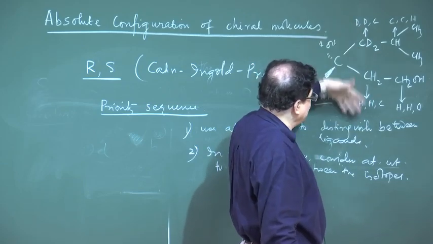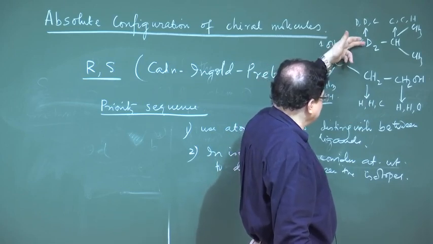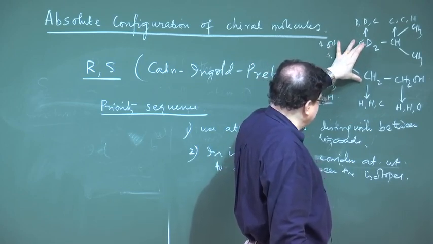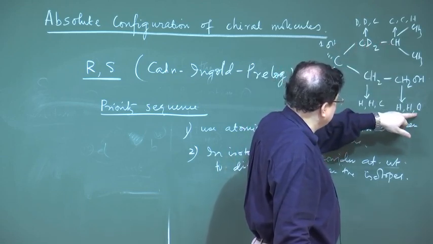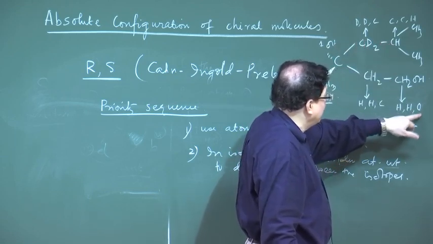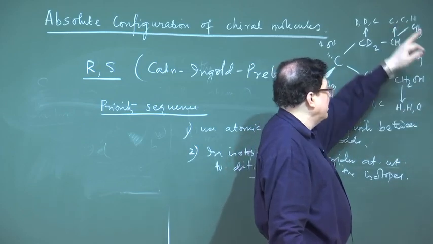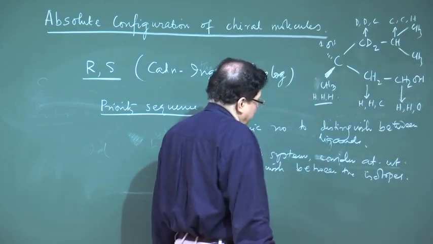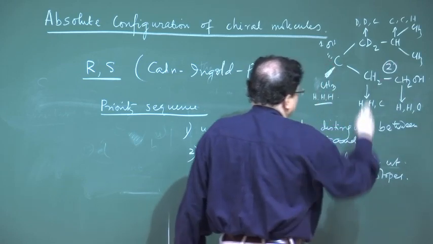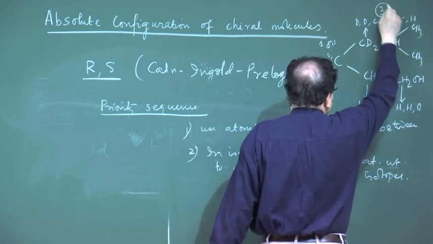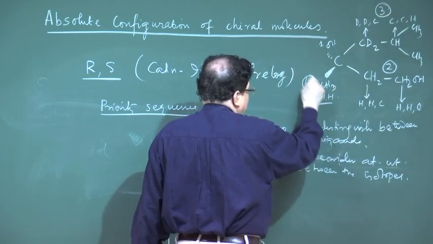So, you cannot distinguish at this stage. Then you go to the next carbon and you see there is a difference: hydrogen, hydrogen, oxygen has come, atomic number more, here it is all carbon. So, which one is now number 2? This becomes number 2 and this becomes number 3 and methyl becomes number 4.